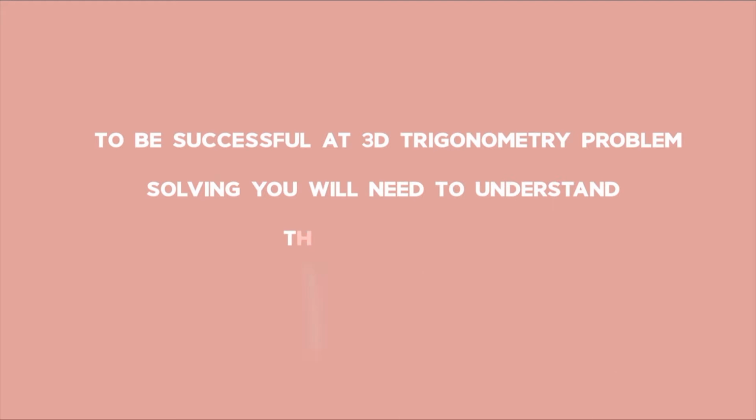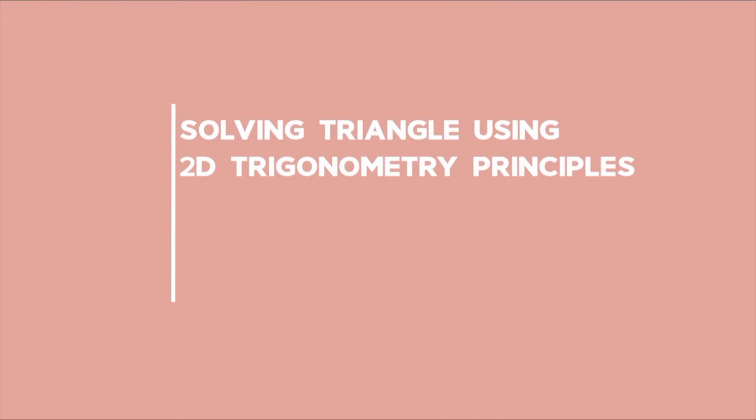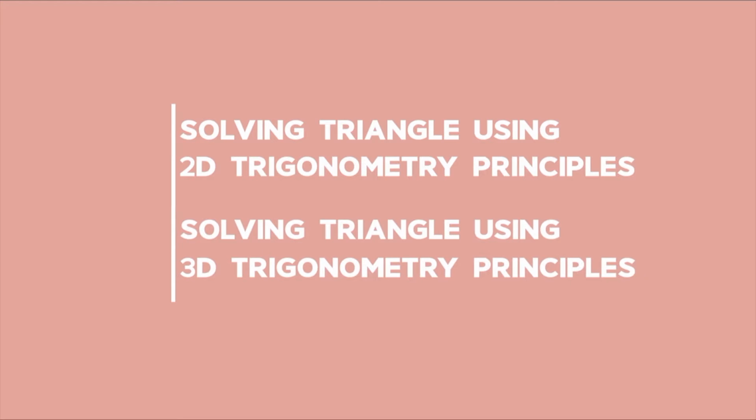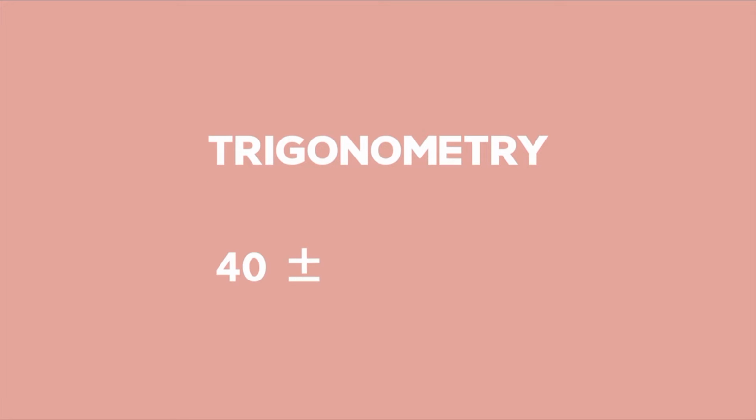To be successful at 3D trigonometry problem solving, you will need to understand the concepts of solving triangles using 2D trigonometry principles and solving triangles using 3D trigonometry principles. Trigonometry is roughly 40 plus minus 3 marks in the final exam, which is approximately 27% of Maths Paper 2.